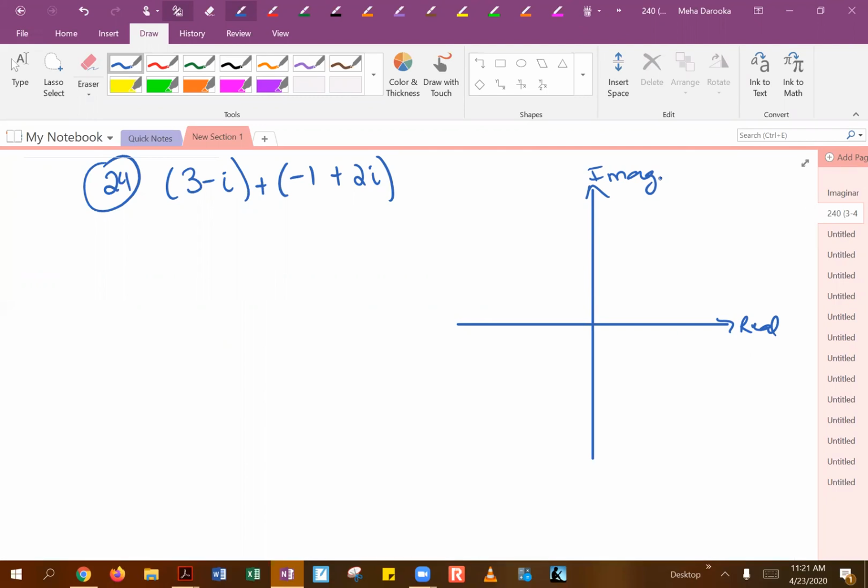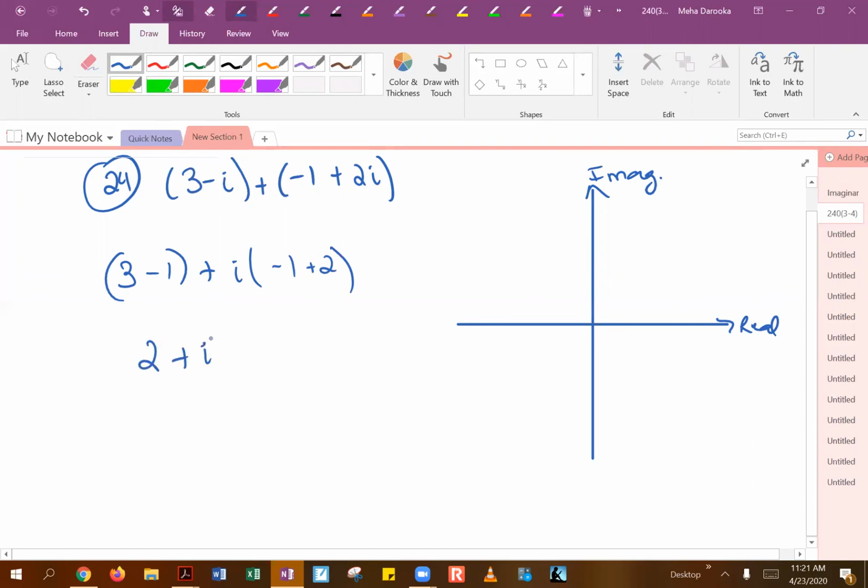We're first gonna combine like terms, so it'd just be 2 plus I. Yeah, so you're taking the real parts together and you are taking the imaginary parts together. So that's -1 plus 2. So 2 plus I.